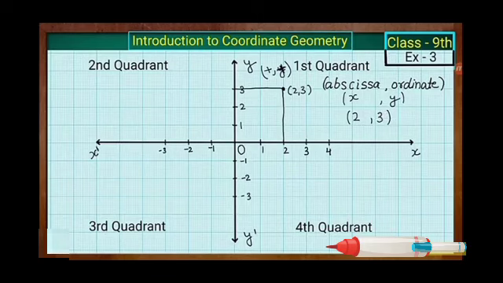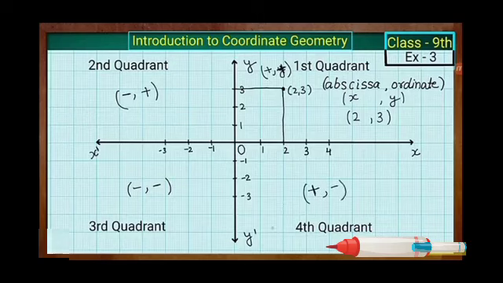Let's take some other examples. In the second quadrant, you can see here, x is negative and y is positive. Similarly in the third, x is negative, y is also negative, and in the fourth x is positive and y is negative, or we can say abscissa positive, ordinate negative here.